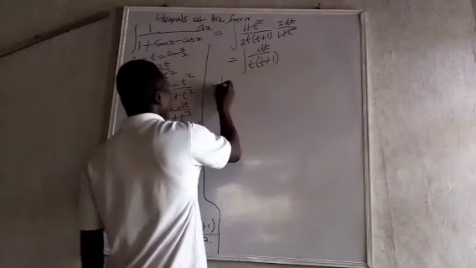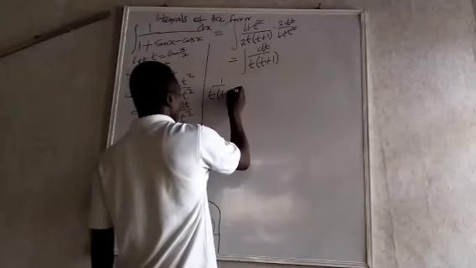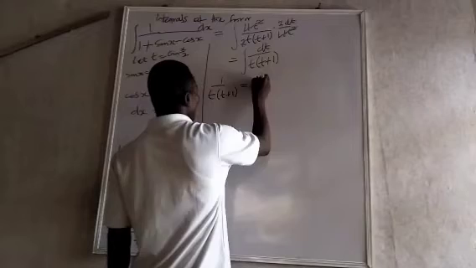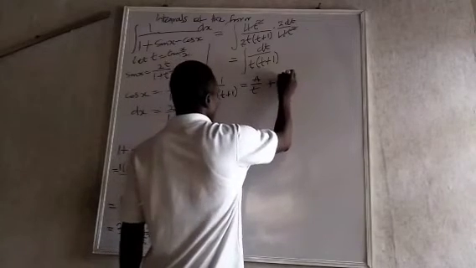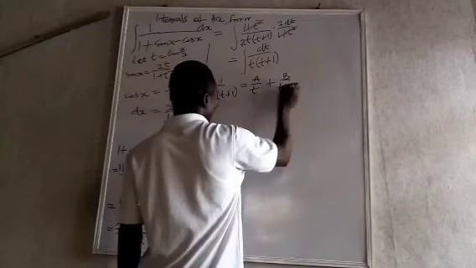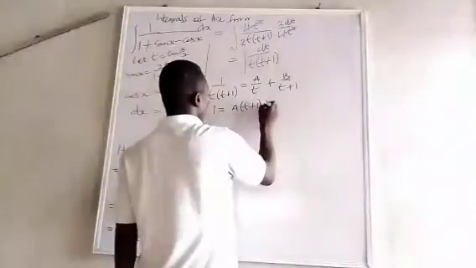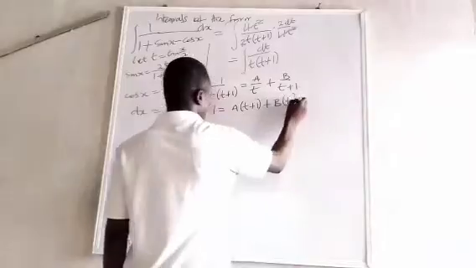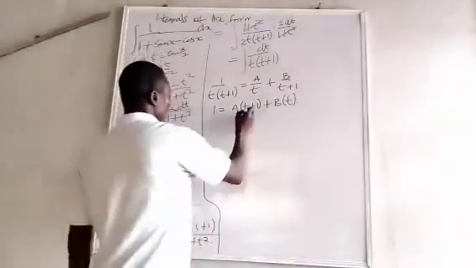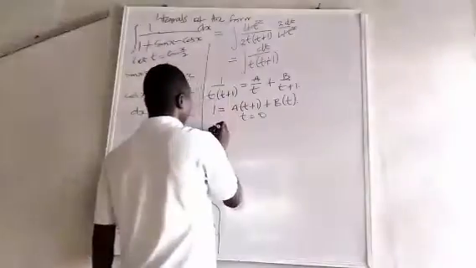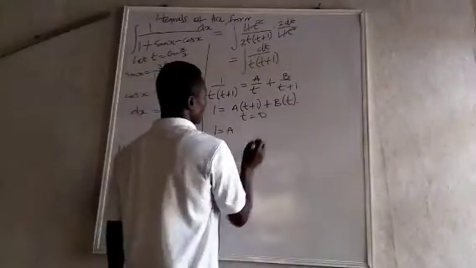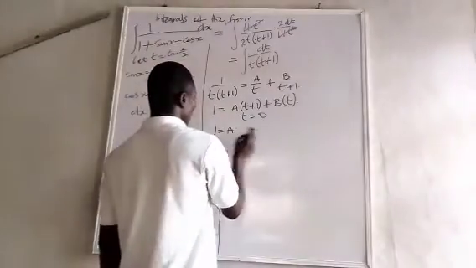So we have 1 over t into t plus 1 will be equal to a over t plus b over t plus 1. So 1 will be equal to a into t plus 1 plus b into t. Let t be equal to 0. So we are going to have 1 equals a. Now, this one is 0, this one is 0. So a equals 1.